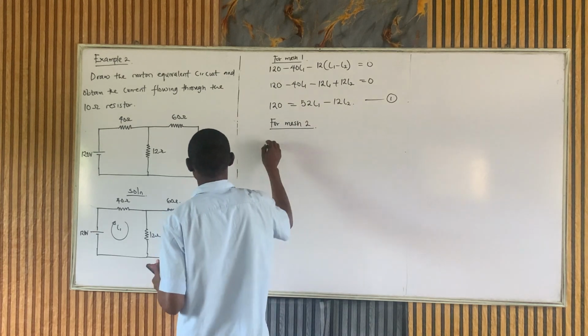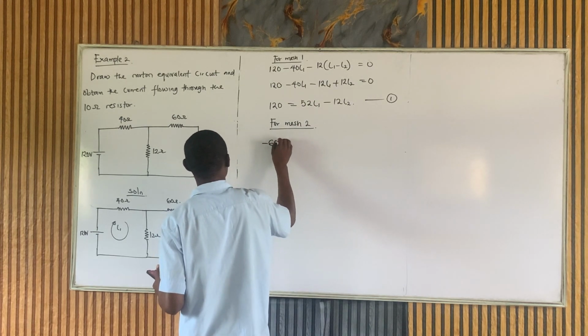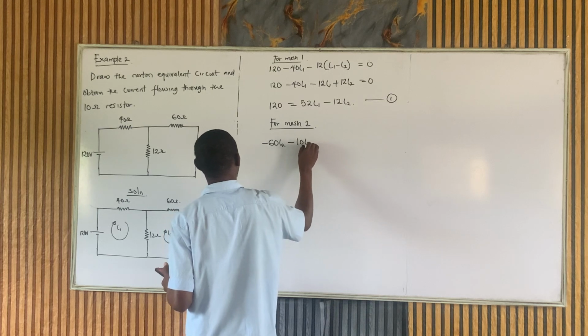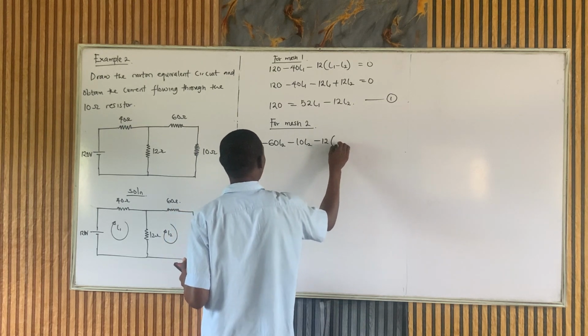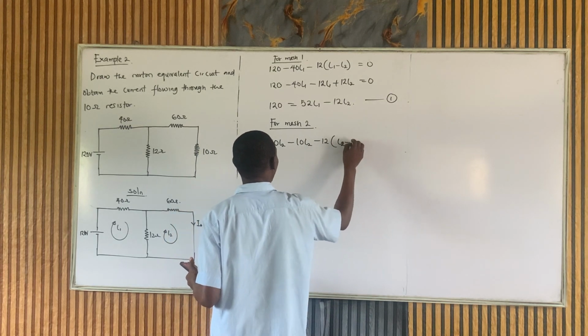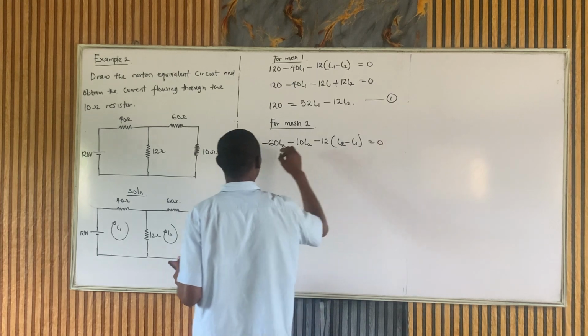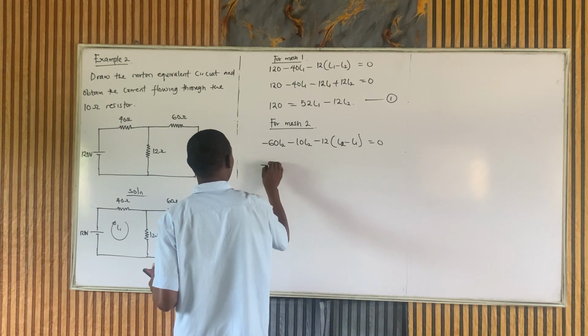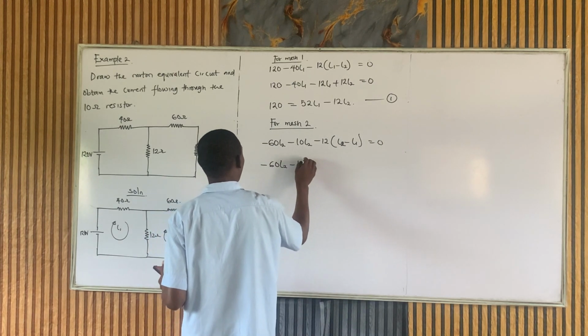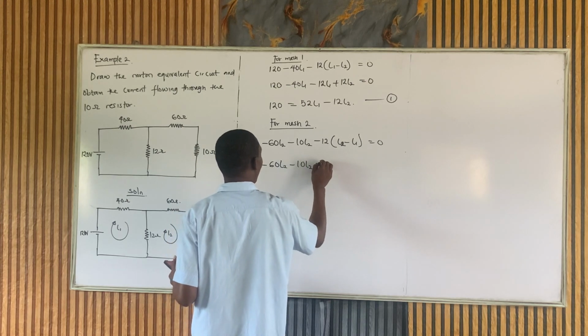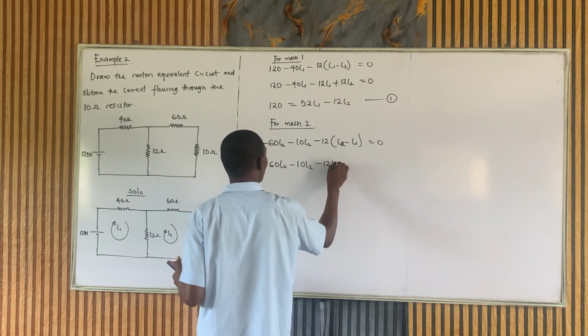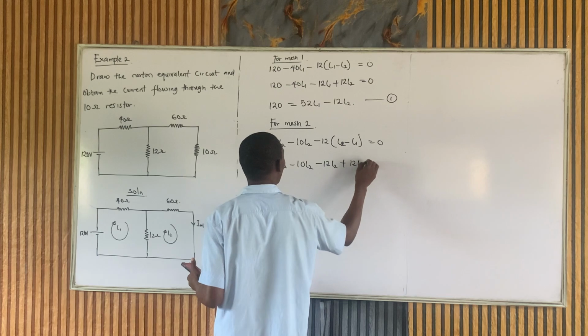And then for mesh 2 now, we have minus 60 I2 minus 10 I2 minus 12 into I2 minus I1 equals 0. So this will be minus 60 I2 minus 10 I2 minus 12 I2 and then plus 12 I1 equals 0.